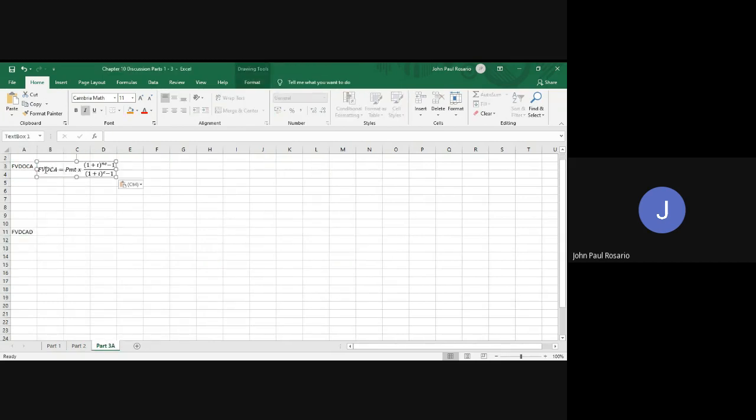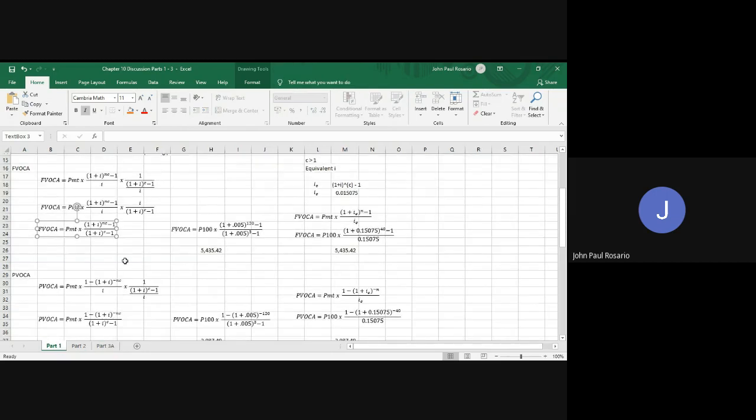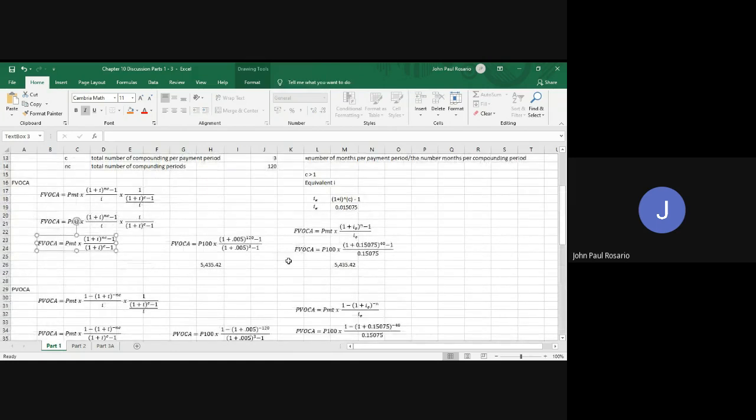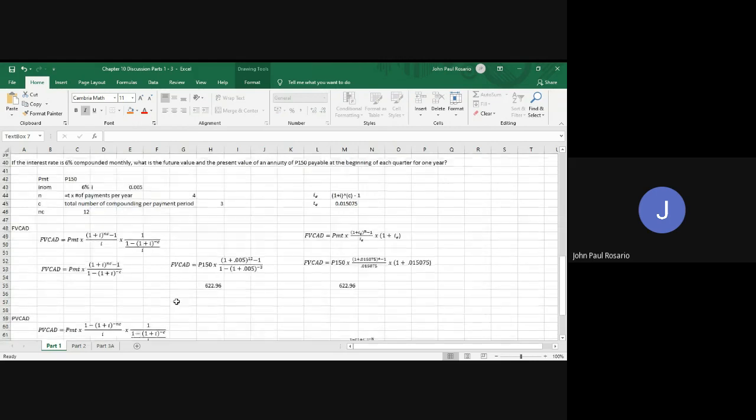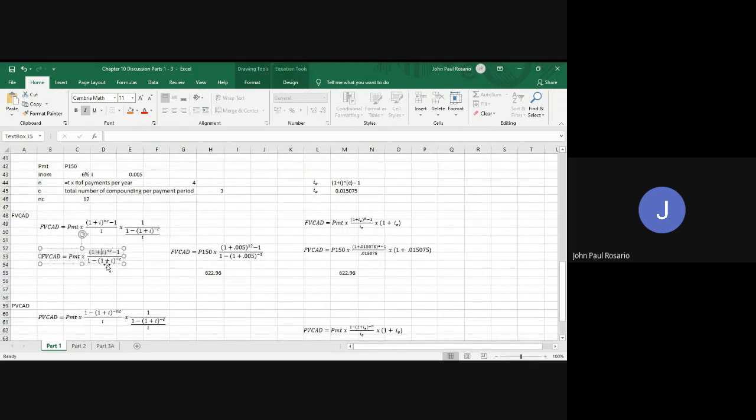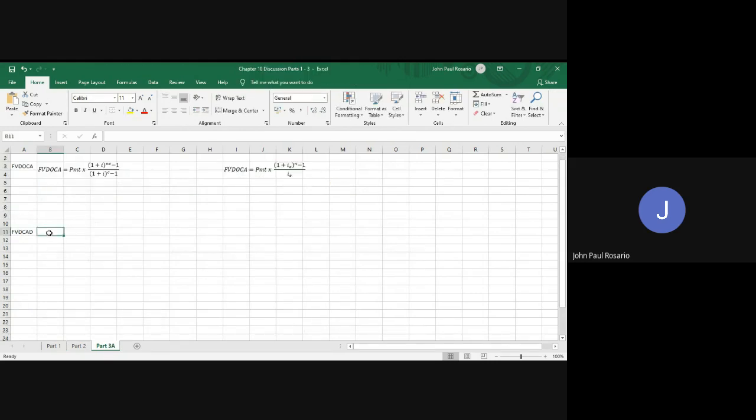And we'll just have to add another letter here. Same with our, let me copy my formula as well. And then we'll add another letter here. Then same with our deferred complex annuity due. This is the formula for that. And then my formula.